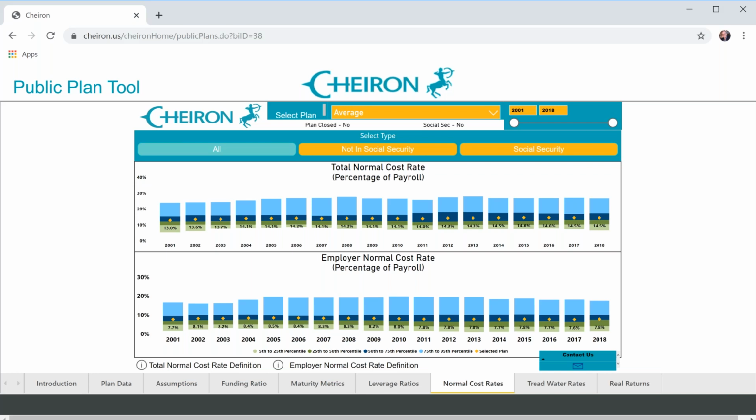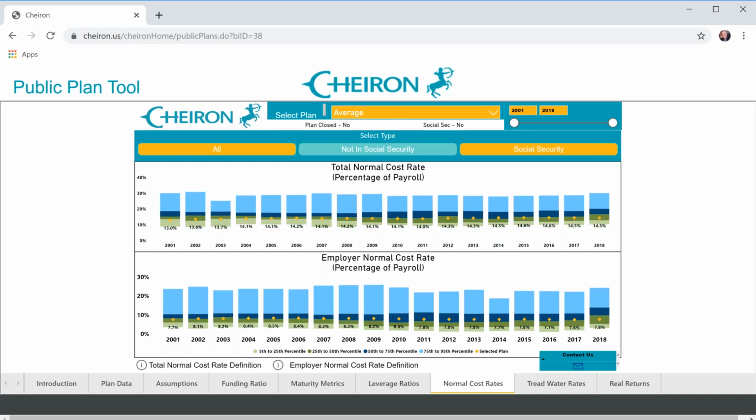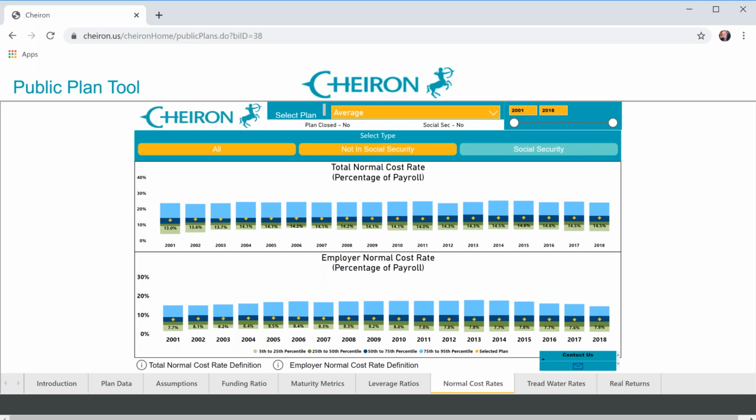We can also separate this data based on whether the plan is in Social Security or not in Social Security. So if we looked at plans that are not in Social Security, you'll see that they tend to have slightly higher normal cost rates than plans that are in Social Security, where the measures drop down.